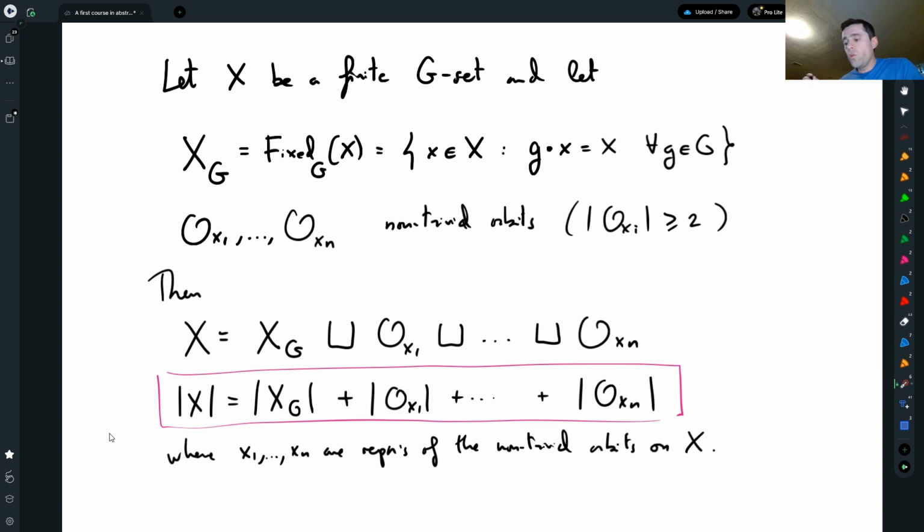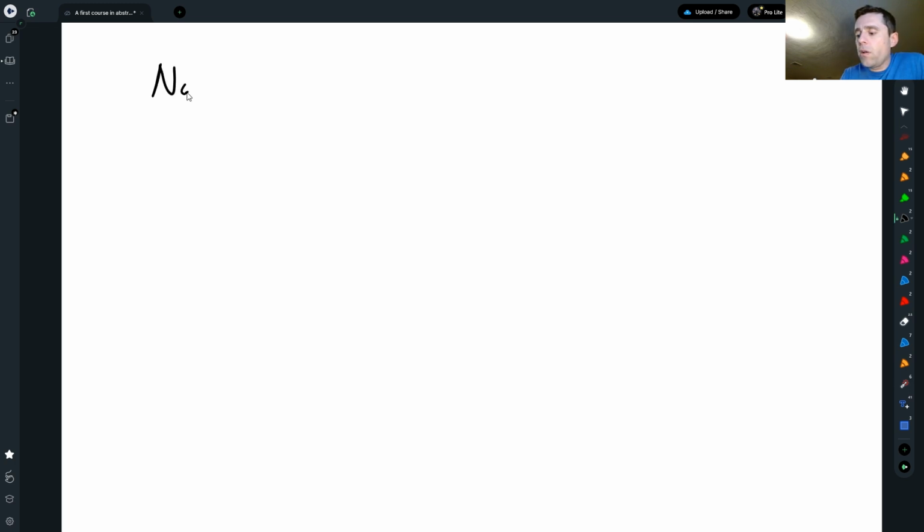So let's do one special case, which is sometimes called the class equation: the action of G acting on G via conjugation. So let's see what happens if I do that. Now let X be G, and G is acting on G via conjugation.